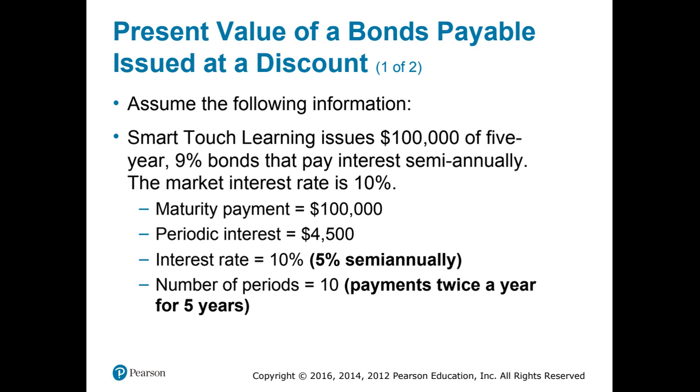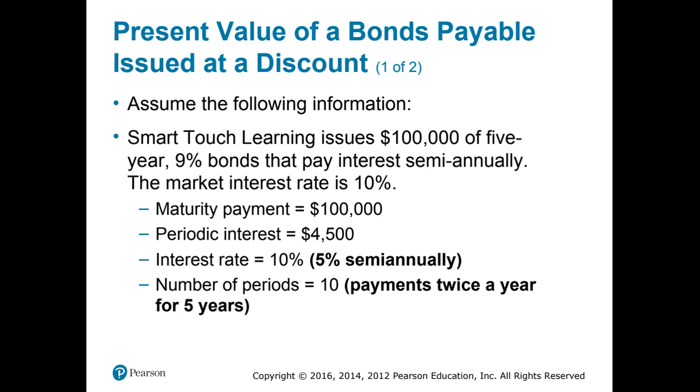The interest rate of 10% equals 5% semi-annually, because semi-annually is half the year. And the number of periods, there are 10 because payments are made twice a year because it's semi-annual and it's a 5-year bond. So you're going to have 10 payments.